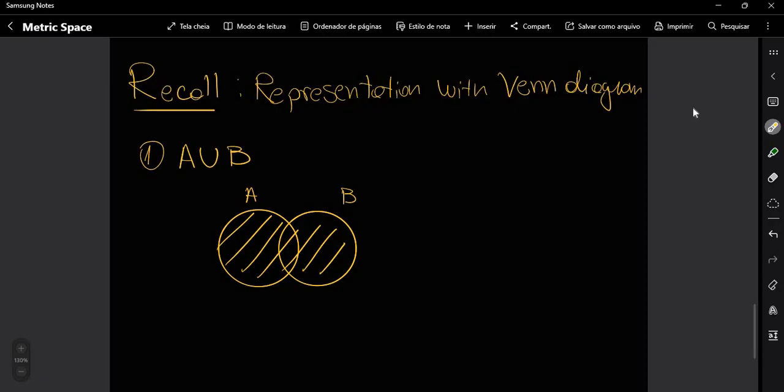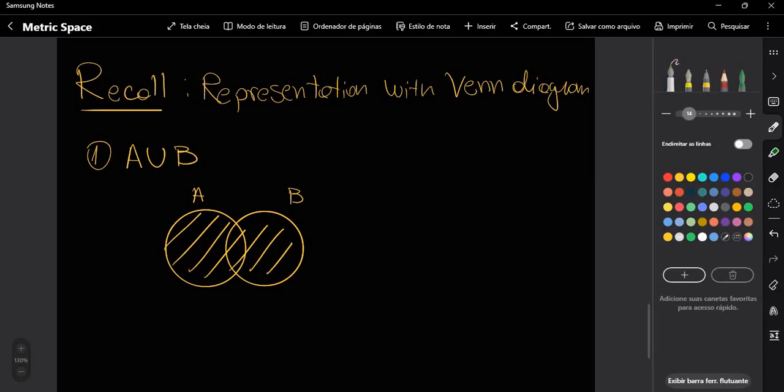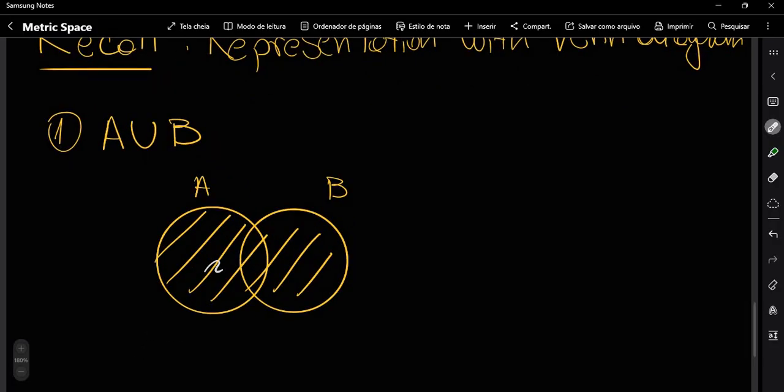And let's say we have an element x. For example, let's say we represent this element x on the set A, but as the set A is in a union with the set B, x belongs not only to A but also to the set B. And if we represent this element x on the set B, x not only belongs to the set B, but also belongs to the set A, because again they are in a union.